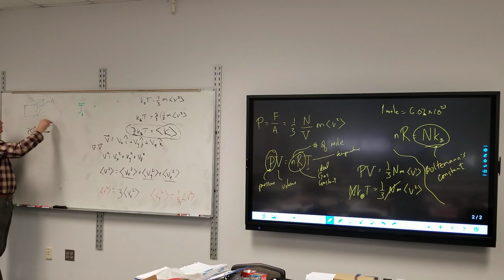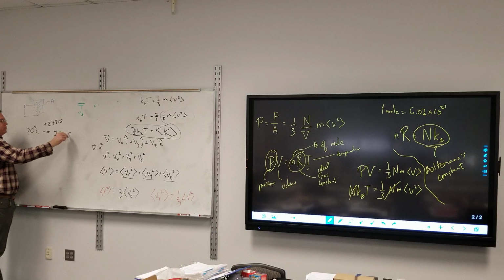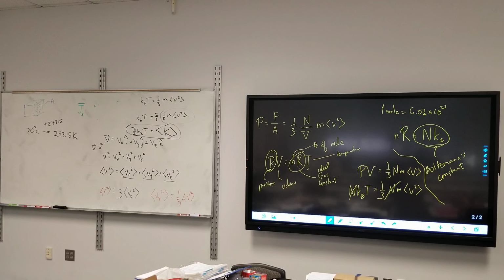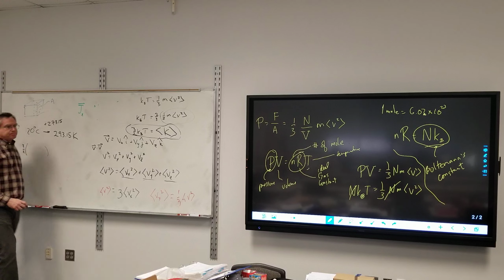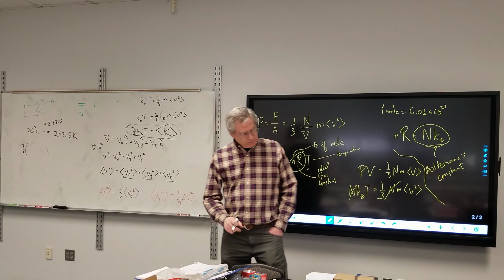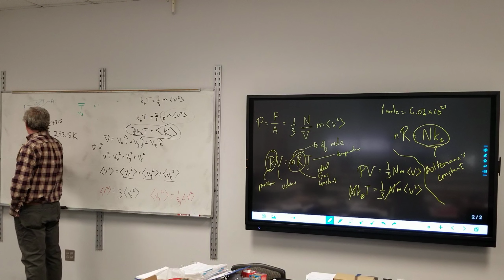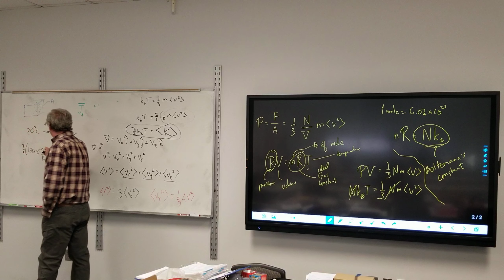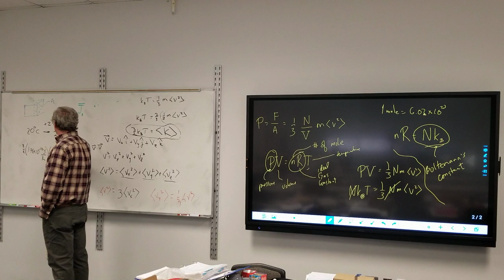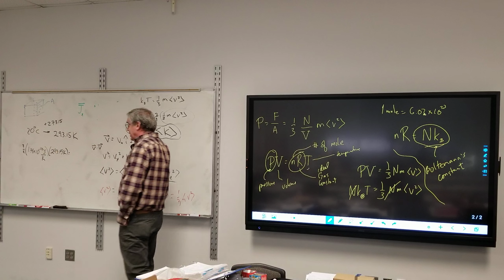You add 273.15. And so we get 293.15 Kelvin. It is not degrees Kelvin, it's just Kelvin. So 3/2 times Boltzmann's constant, 1.38 times 10 to the negative 23rd joules per Kelvin, times the temperature, 293.15, equals the average kinetic energy.